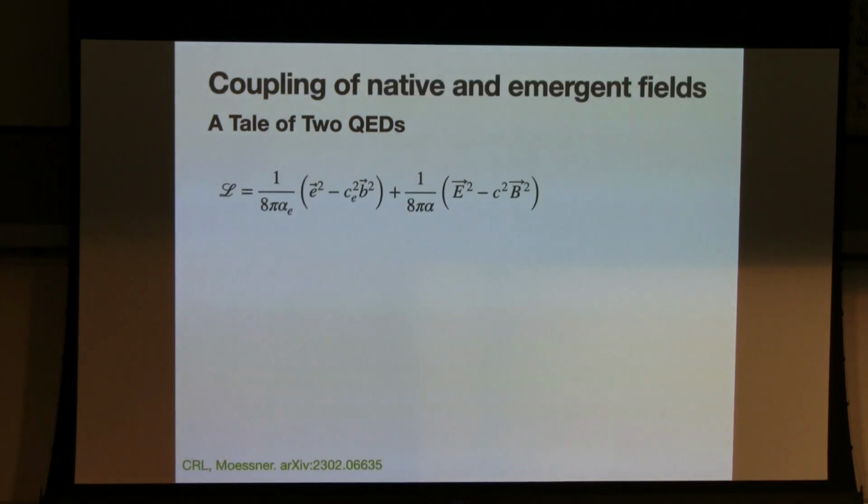Here, the question we started thinking about is, I have an emergent QED, and I have an honest-to-God QED, or Maxwell theory. The honest-to-God one has capitalized letters, and the emergent one has lowercase letters, right? They look otherwise the same, right? So I can ask, how do they couple at long wavelengths?